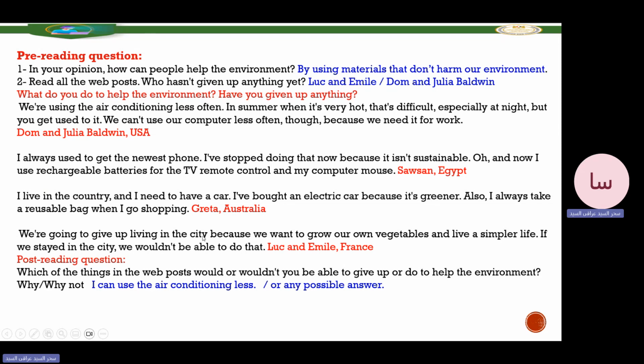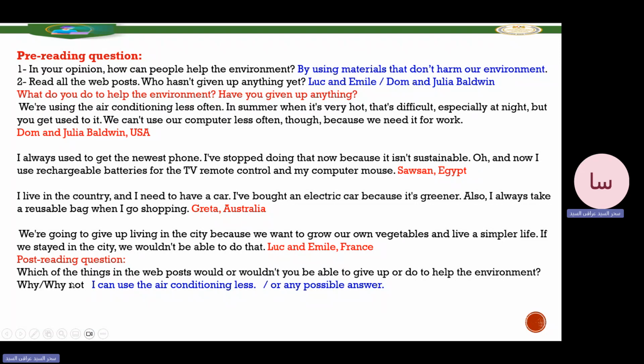They sacrifice living in the city in order to live in the countryside to have a simpler kind of life, which is healthier and friendly to the environment. What about Dom and Julia? They cannot give anything up. They are using air conditioning. They are using their computers because they need them for work. Okay.